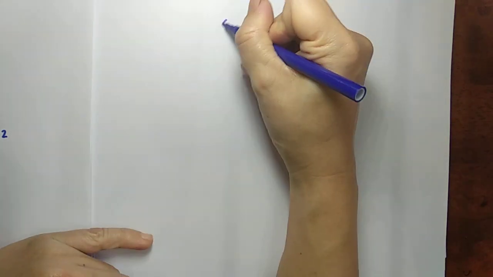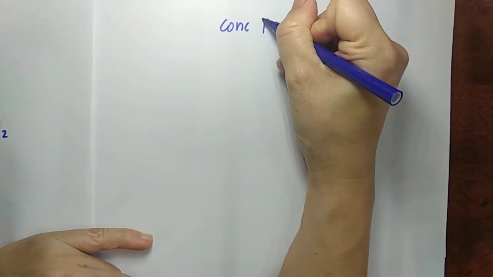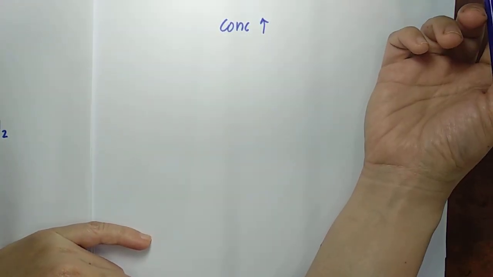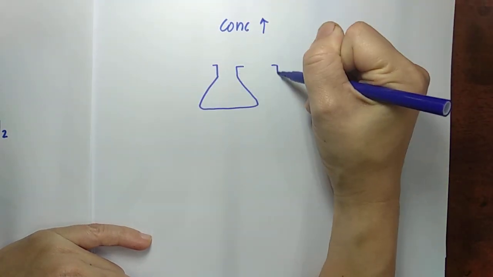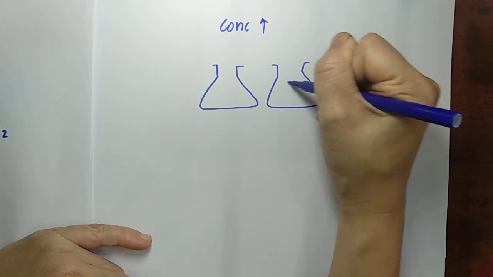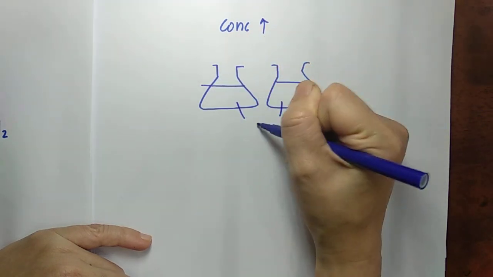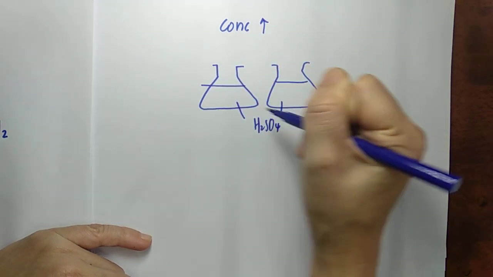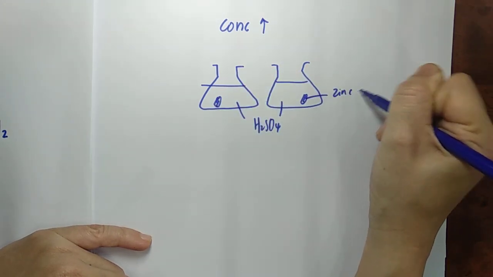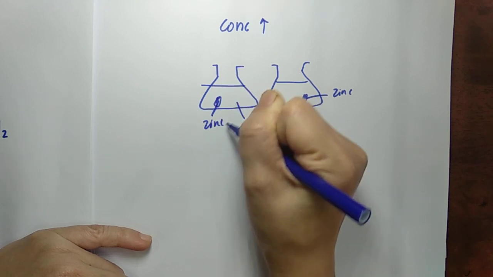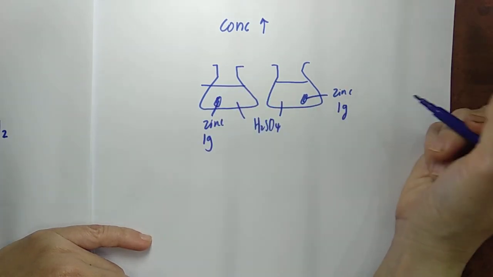So obviously, if the concentration is higher, the rate of reaction is higher. That's a no-brainer. Okay? So we can use this by, again, doing an acid experiment. For example, we can take sulfuric acid and a piece of zinc. Remember, your zinc has to be the same size.